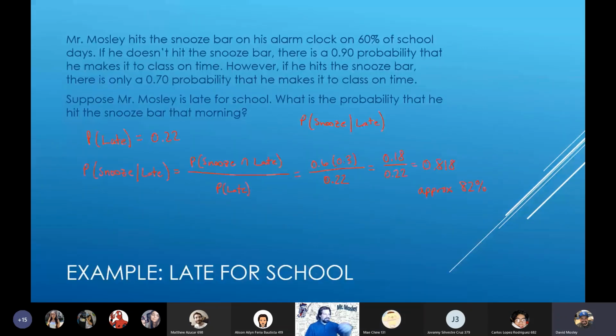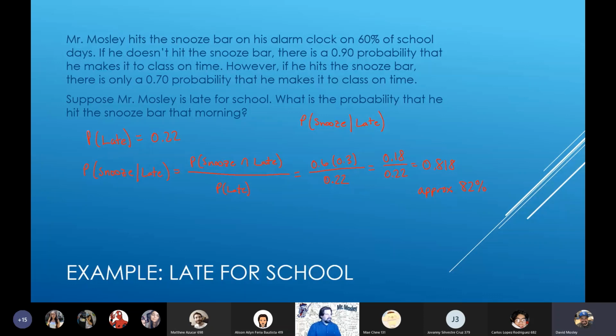Then when we go to the next question, we're looking at just being late. There's certain pieces we know already. The previous one was late given snooze. Now we're doing snooze given late. They're not equivalent. So I fill in the stuff I know, which the conditional probability says must be true.